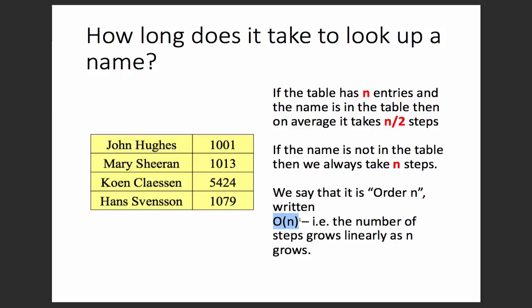That means it grows linearly with n. Now, it might be 2n, 5n, 5n plus some other constant. Those constants are not interesting. The big picture is it takes the order of n steps. Okay? Sometimes referred to as the complexity of the problem, the time complexity.